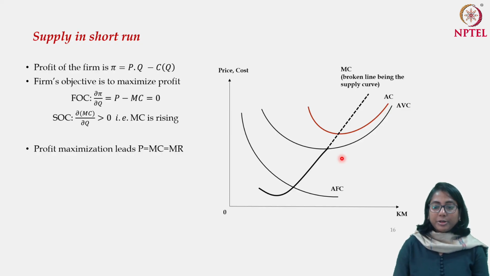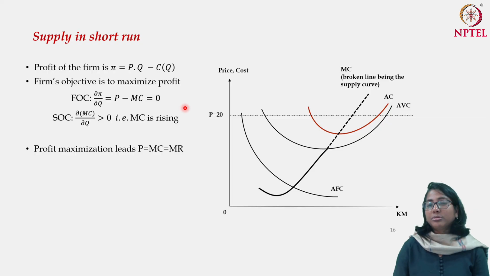Now let us pay a little attention to what P equal to MC says. It says that if P is equal to 20, that is, the market price is 20, again recall this market price is exogenous to the producer and the producer cannot influence this P. So the producer takes P as given, right? But the decision the producer has to take is, if P is equal to 20, what quantity should it produce and supply in the market.